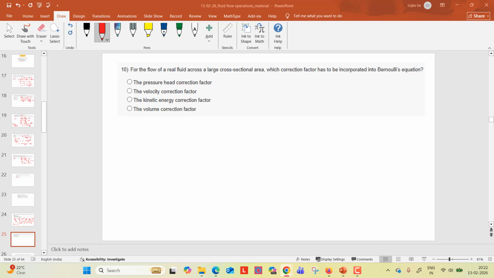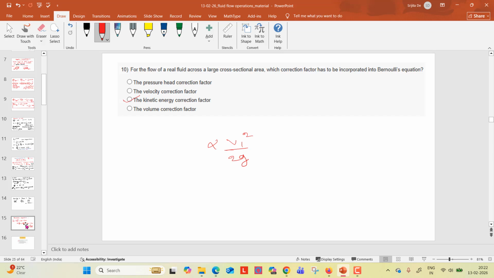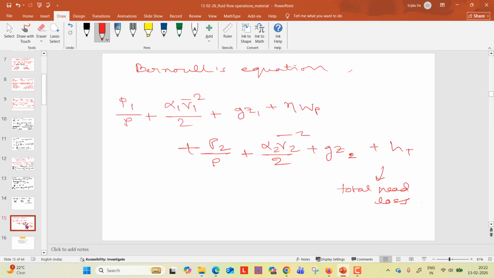For a large cross-sectional area with a real fluid, in Bernoulli's equation the kinetic energy correction factor needs to be added, that is alpha times V1 square by 2g. This is what I have written in the generalized form like this. This alpha has to be included.